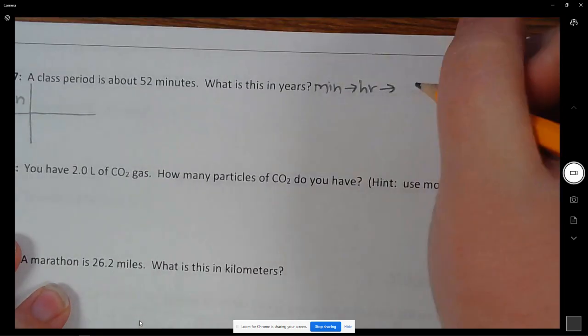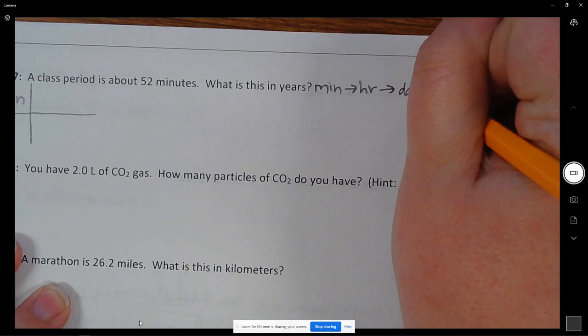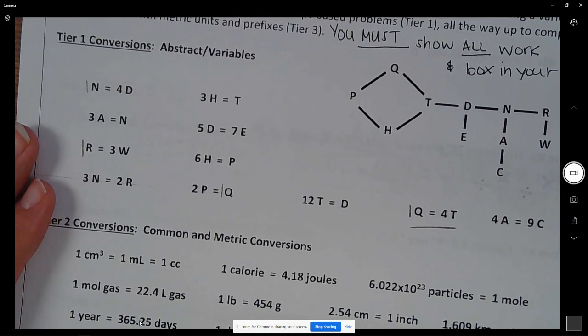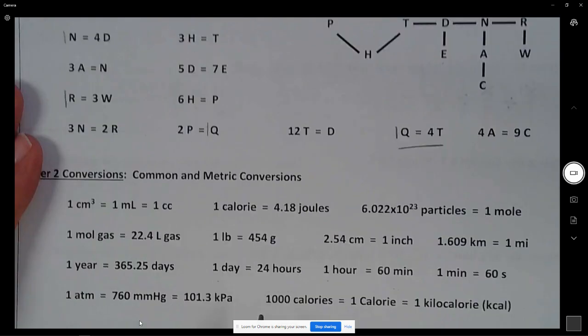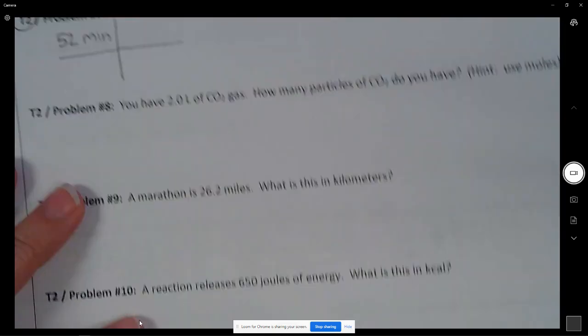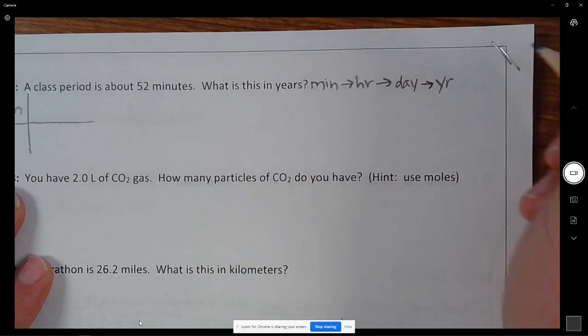So hours to days, still not at a year. So once we go from hours to days, then we have to go from day to year. Okay, so now we can go from day to year.